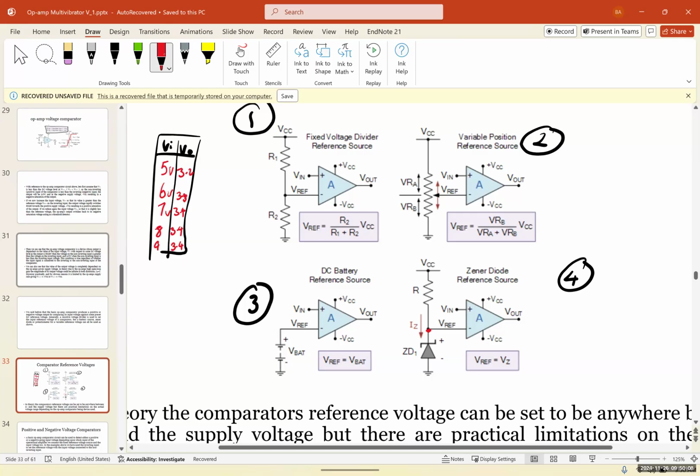The problem with that is that the battery, which is essentially the VCC, the supply voltage, changes. If you have a solar panel connected to it, it's going to fully charge during the day. And when that charges, what happens to this reference voltage if VCC increases?